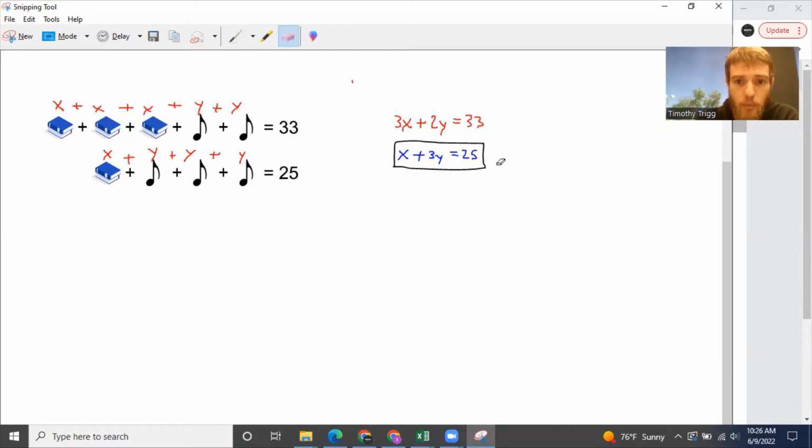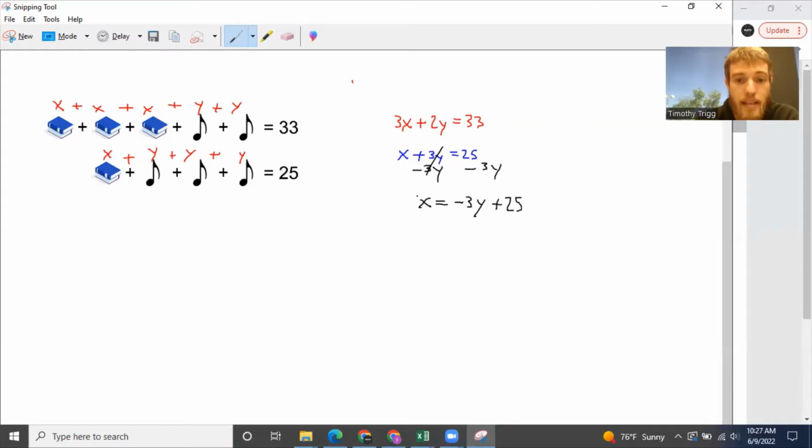So we're going to solve for x, and the way we're going to do that is subtracting 3y on both sides of the equation, giving us that x equals negative 3y plus 25. Okay, hopefully you can see how we got this blue equation changed to this black equation. It's really the same thing.